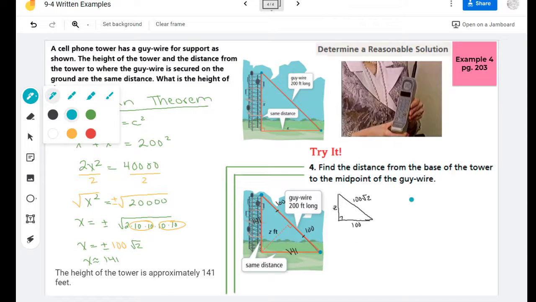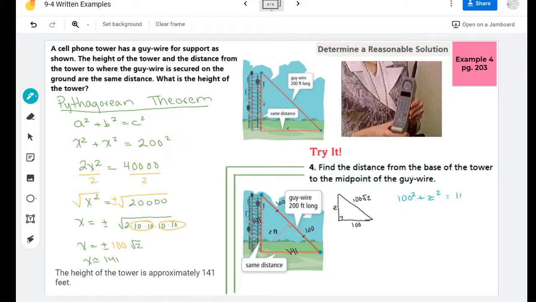So if I use Pythagoras' theorem, I have that a squared plus b squared is equal to c squared. Now we're just going to simplify that out. So 100 squared is 10,000.